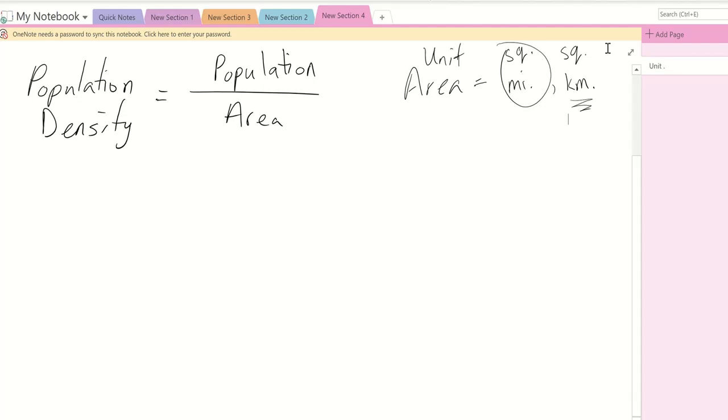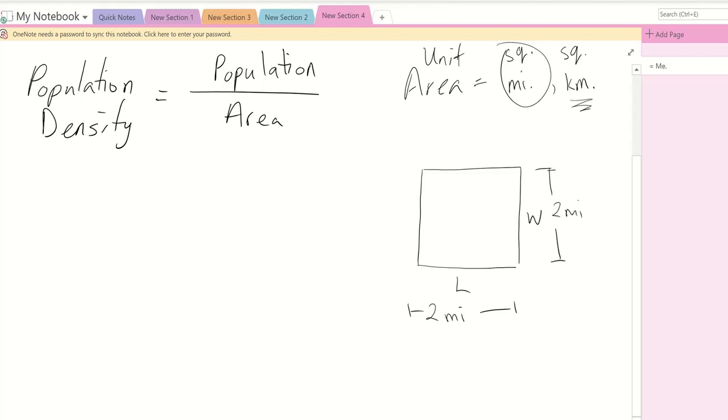The way you could think of it is if you have some piece of land. Area, remember, is length times width. So if you have, let's say, 2 miles as your length, and your width is, let's say this is a square, another 2 miles, your area would be 2 miles times 2 miles, because area is equal to length times width.